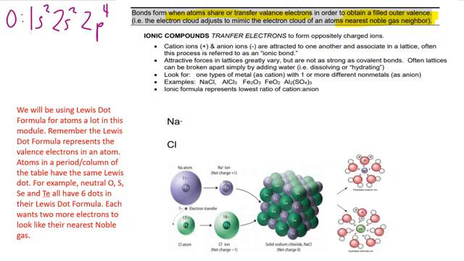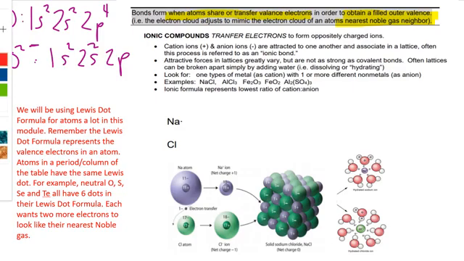Now, if I was to create an oxygen anion, an O2 minus, that means I would have 1s2, 2s2, 2p, and then if I'm going to be like my nearest noble gas neighbor and I have two extra electrons, this becomes 2p6, which is equivalent to the electron configuration of neon.